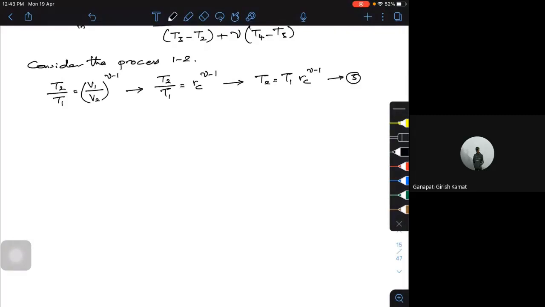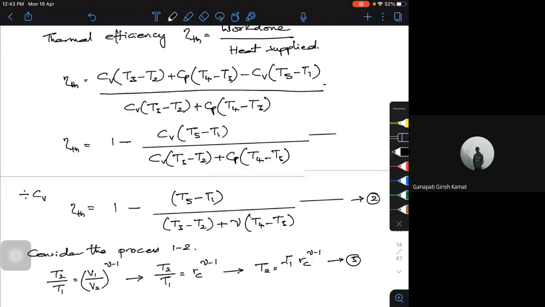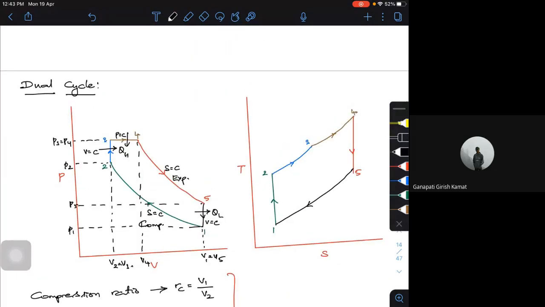Now, we have already defined the cutoff ratio. Rho is equal to V4 by V3. If you go back and look at this, what type of process is it? It's a constant pressure process, so P3 and P4 are the same.